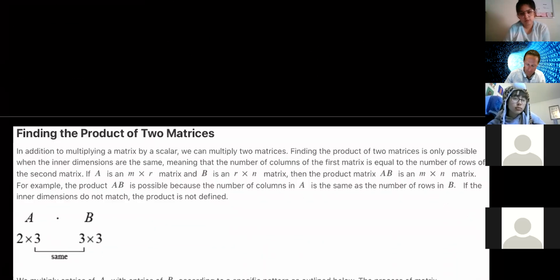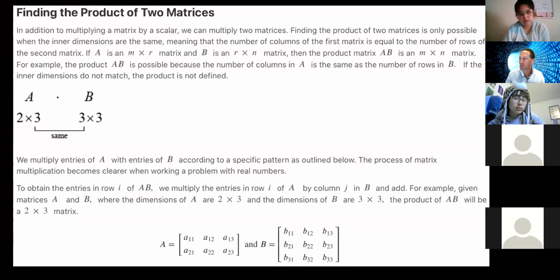I'm going to keep moving on because multiplying is a little bit more difficult in that it's not as intuitive. It's like, yeah, that makes sense. Multiply by a constant, a scalar, cool. Do it to everything. Add, subtract, only the things that are in the same spots. Got it. But multiplying these matrices is a little weird.